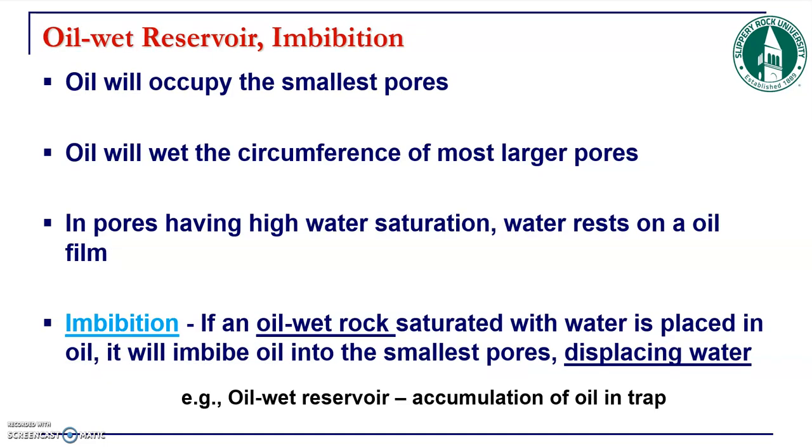In an oil wet reservoir, oil will occupy the smallest pore. We already talked about this, right? And this process, that oil occupies the smallest pore in an oil wet reservoir, and water occupies the smallest pore in a water wet reservoir, is called imbibition. Imbibition is an automatic process of filling the pore without you really needing to put pressure on your fluid.